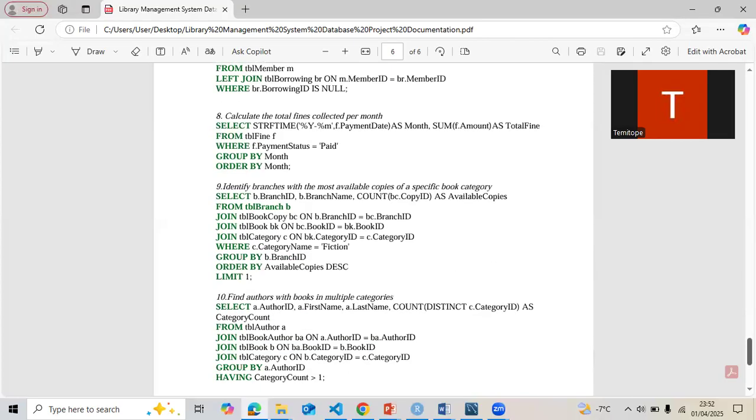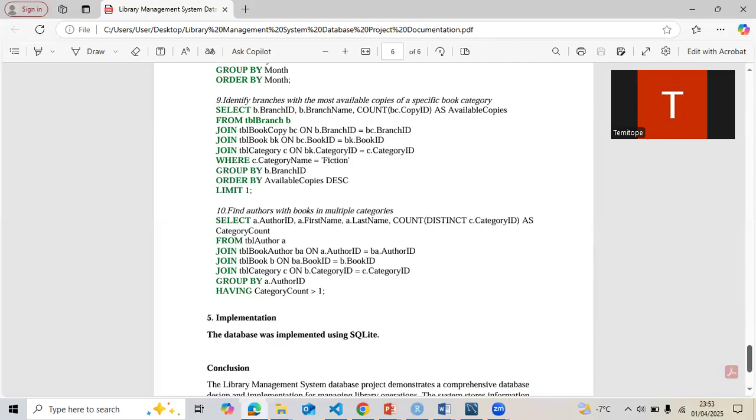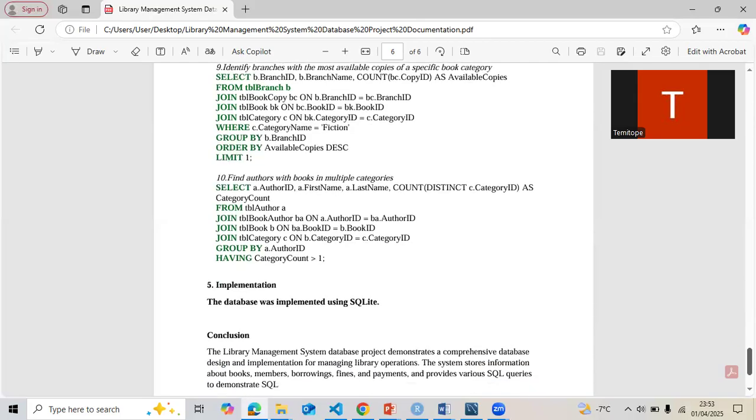Then identify branches with the most available copies of specific book categories. This one will involve the category table, branch table, and book copy. Then find authors with books in multiple categories. So these are the commands that will bring out the explanation to us.